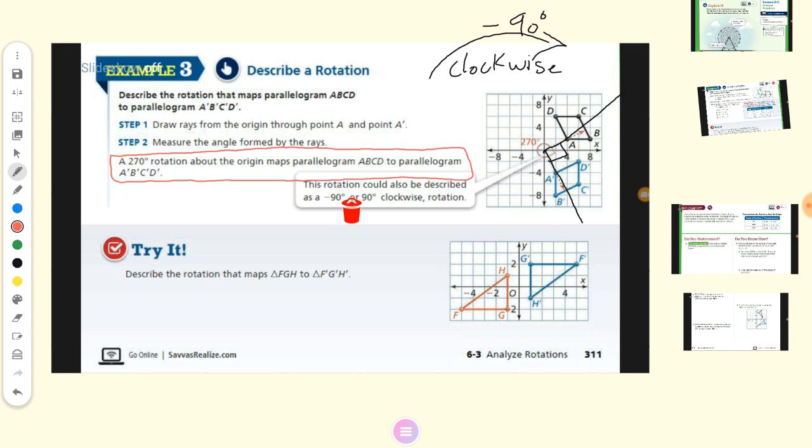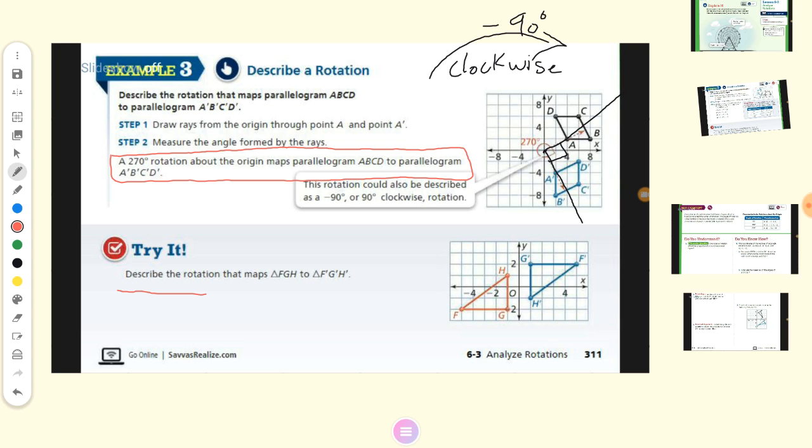Okay, what is the orientation of the triangle? What is the description of this one? Okay, let's try it. From the triangle FGH, the blue one, I want to rotate it into the orange one, H dash, F dash, G dash, and so on. So, how to know the angle of rotation?